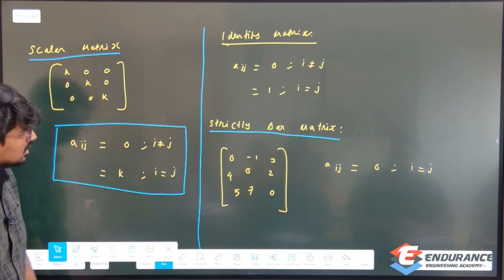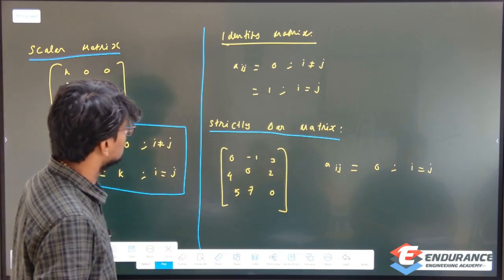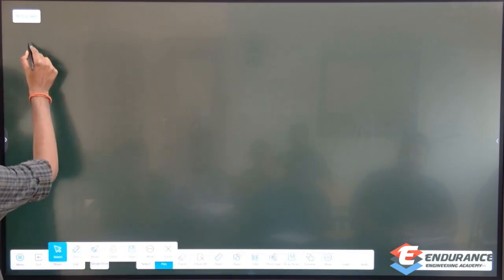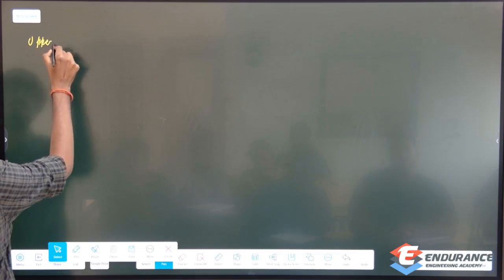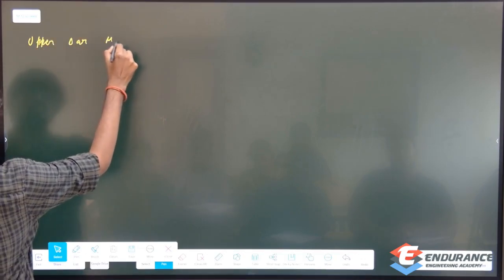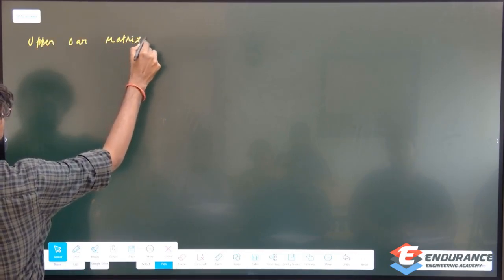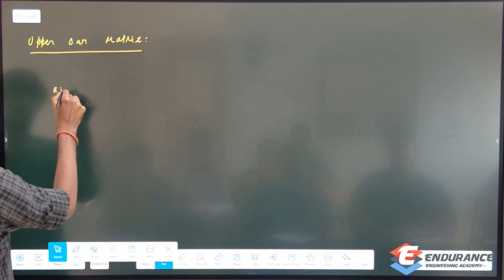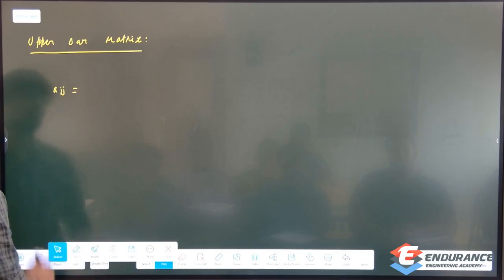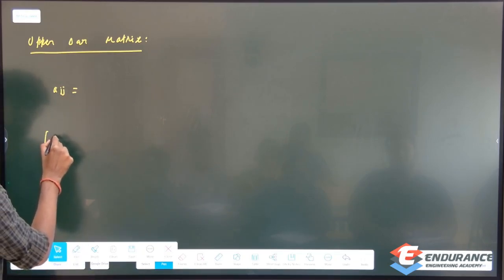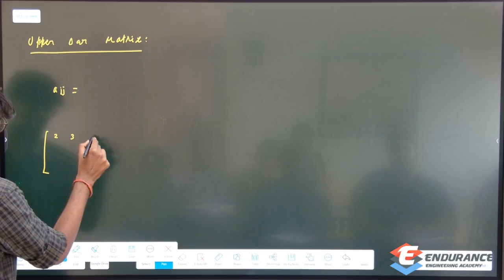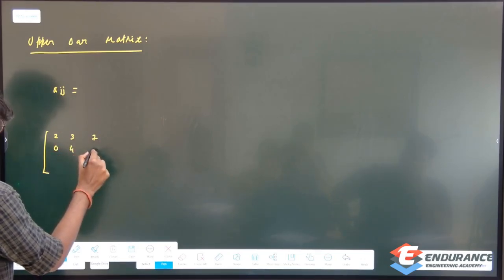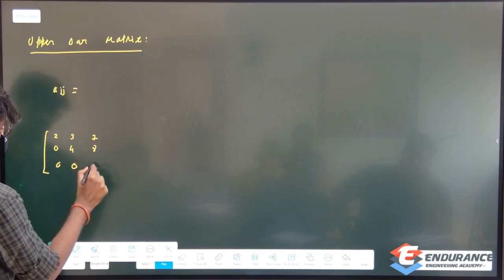Next, what about the upper triangular matrix? Example: 2 3 7, 0 4 8, 0 0 3.